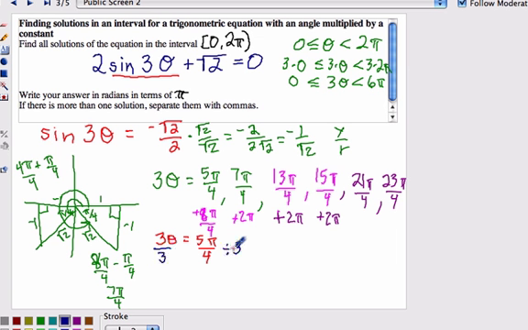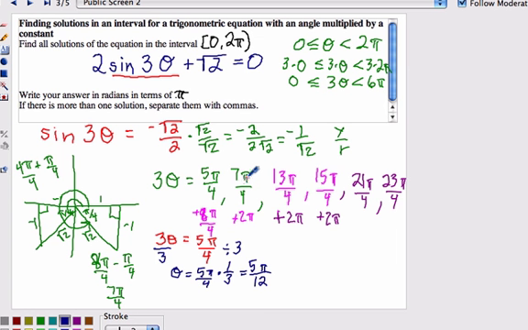And what I want you to remember is when you're dividing by 3, that's the same as multiplying by 1/3. I have to start writing a little smaller here. So this gives me theta equals 5 pi over 4 times 1/3, which gives me 5 pi over 12. Okay, so that's what this value is.